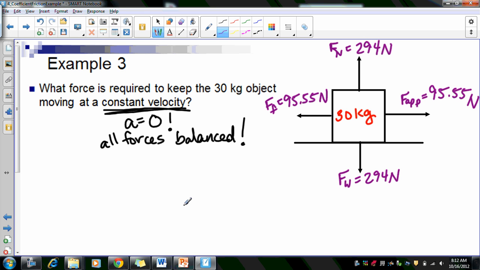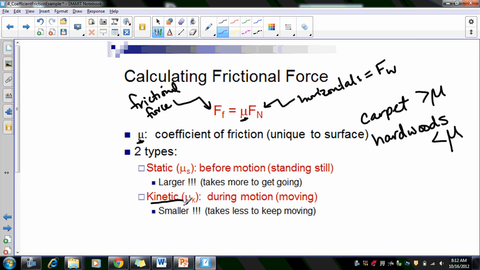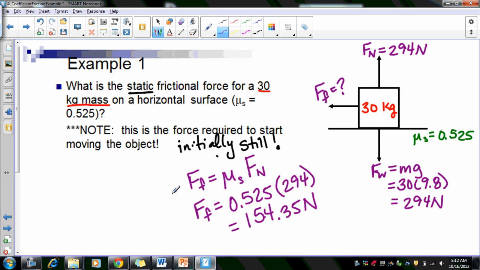All right, so I know we just did a whole lot, so let's go back and review really quickly. So you have your new equation for finding frictional force. There are two types of mu's, two types of coefficients. Static, from when it's sitting still, kinetic, from when it's moving. You have to push with a certain amount of force to get it moving.